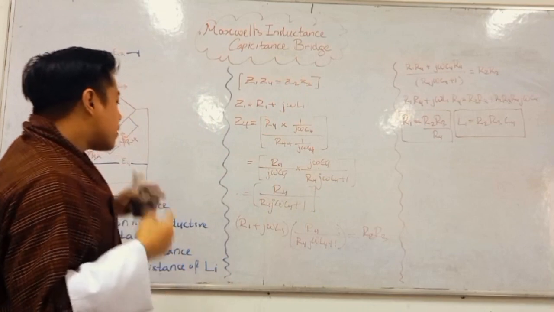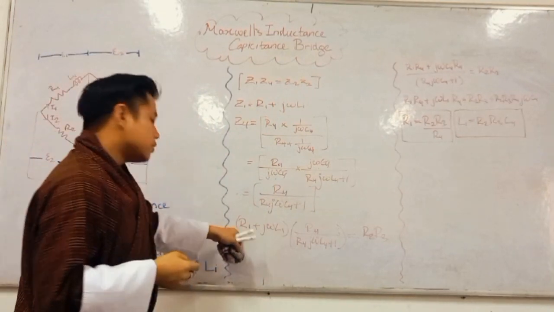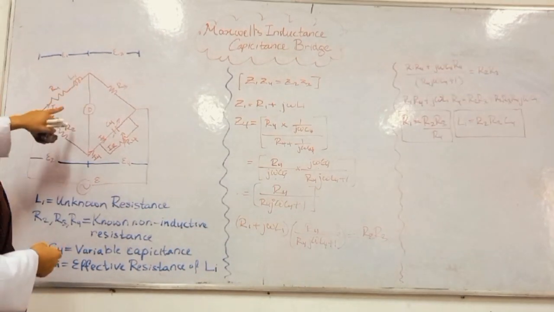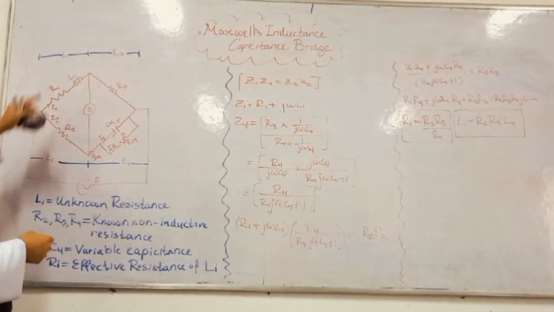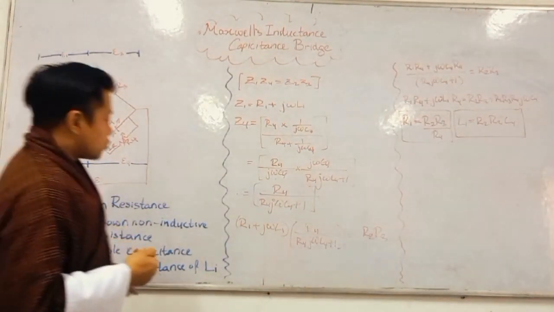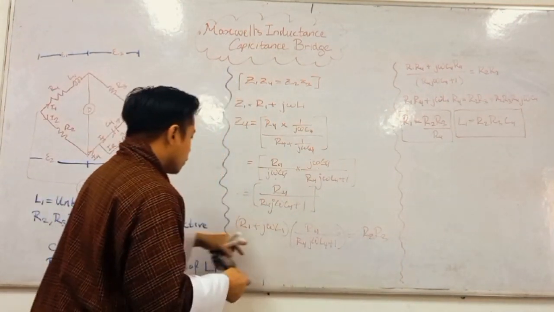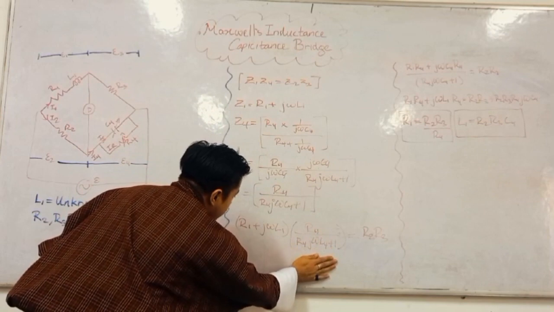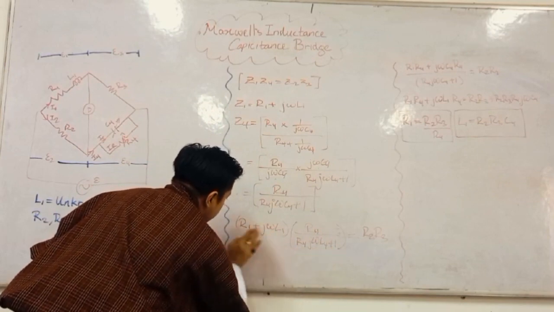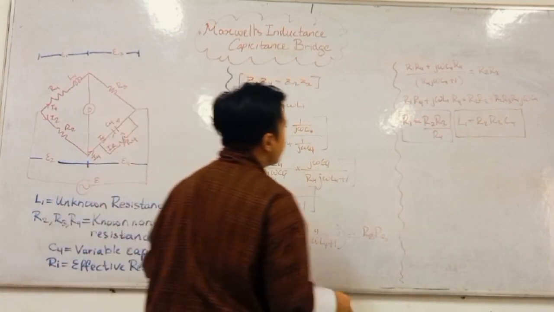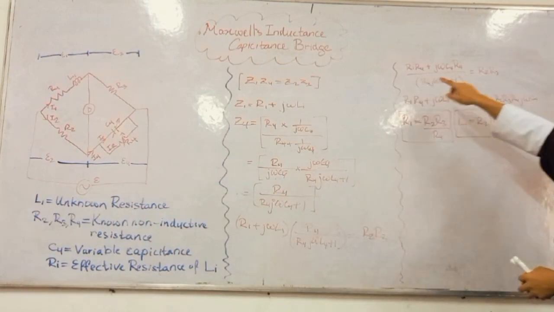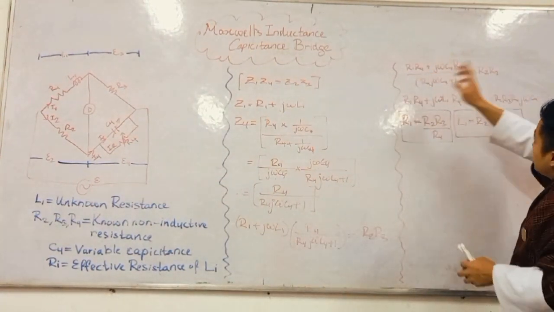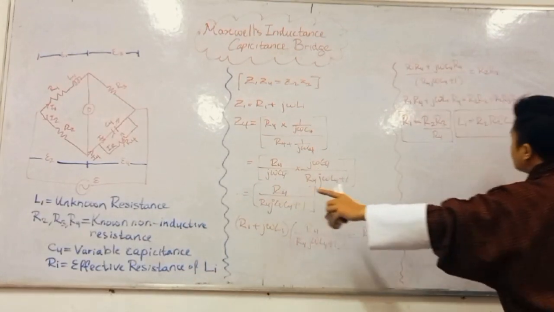Now we have to simplify this equation in order to get the values of L1 and R1, which are the unknown variables. As you can see, we have to multiply this component right here with these two terms, and when we do that, we are left with this equation. It has been multiplied individually into those two components.